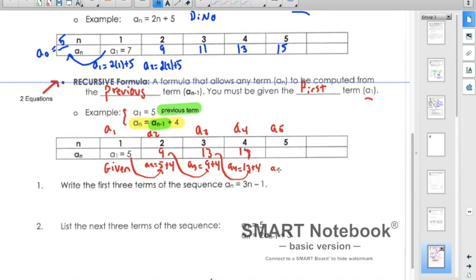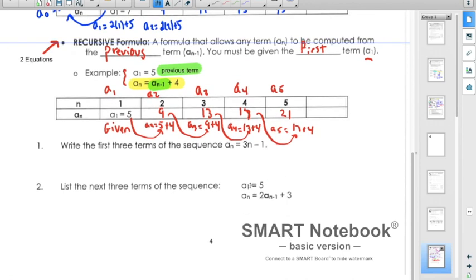And then the last one, a sub 5. Well, I'm taking the previous term, which was 17, and I'm adding 4 to it. Okay? So that's recursive. And if that was a little fast, we will do a lot of exercises with it. I've never lied to you about that. So bear with me. Here's some examples.